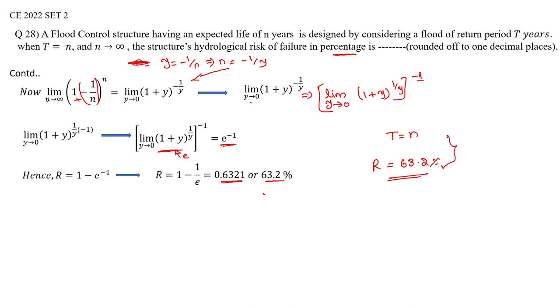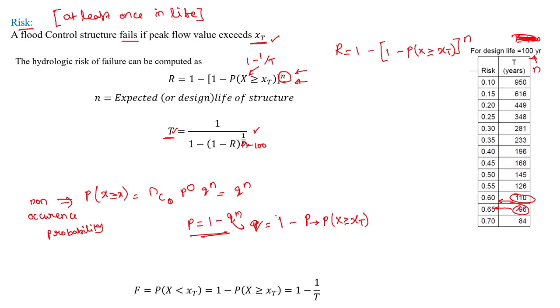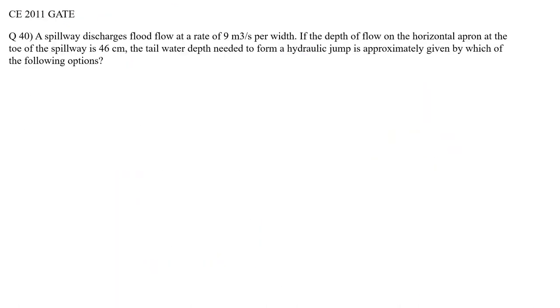This particular table depicts the same: as T becomes equal to n, the risk is increasing. If I calculate for 100 here, the value would be 0.63 only. So this is about risk.